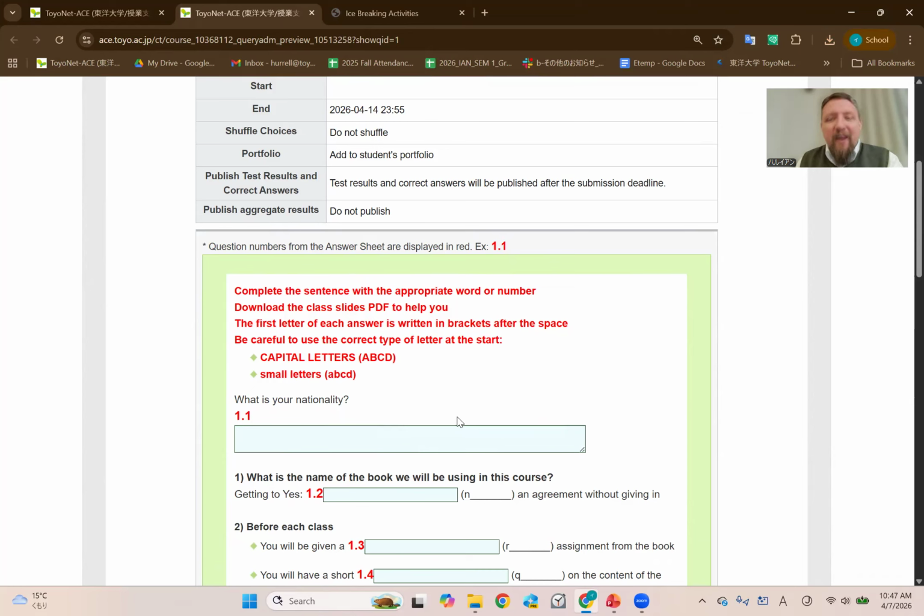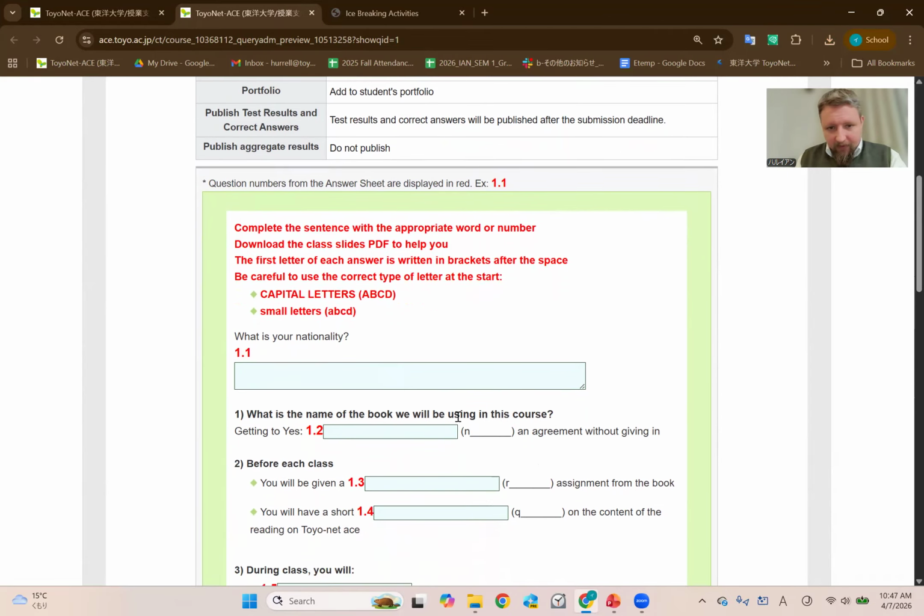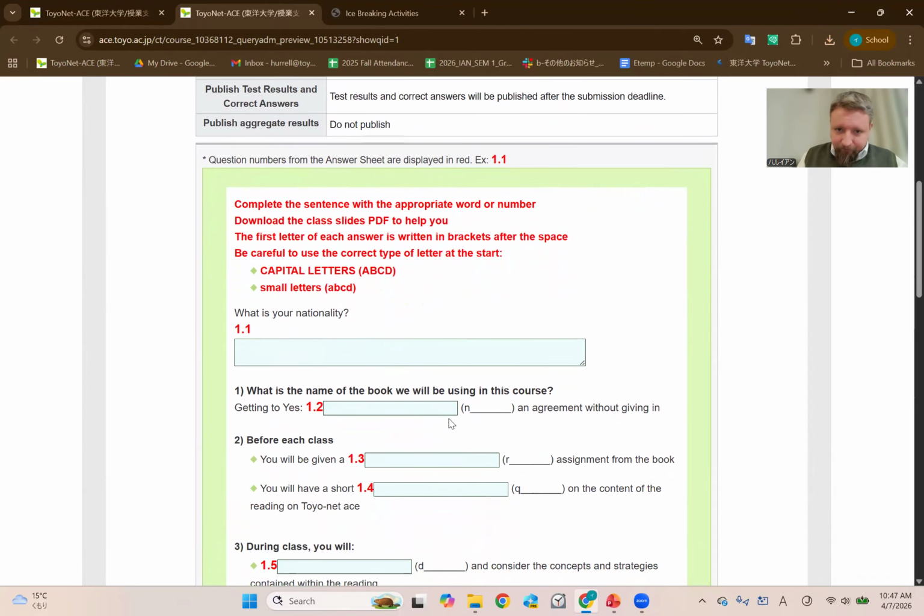So please be very, very careful when using small and capital letters. For example, here, you can see what is the name of the book we'll be using in this course. Okay, the first letter of the answer will be n. Okay, so make sure you use a small n when starting the answer.